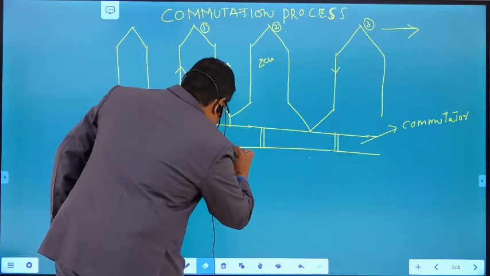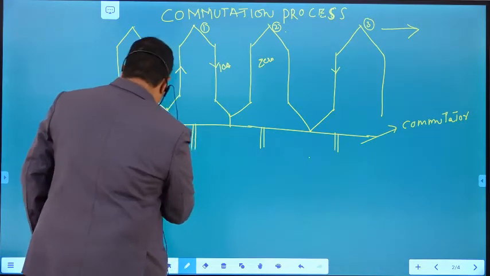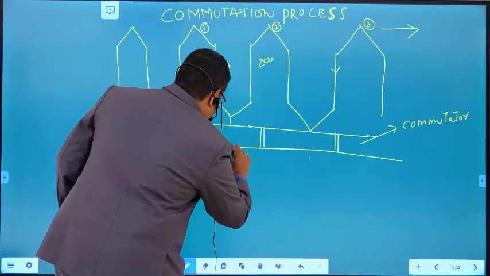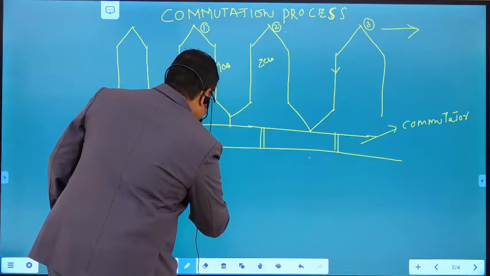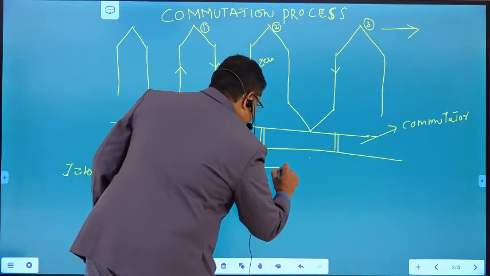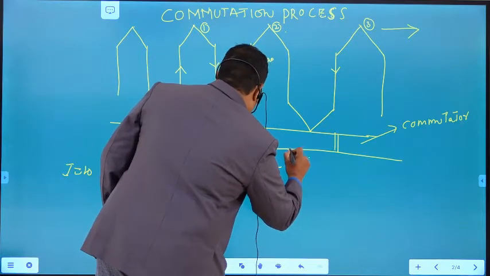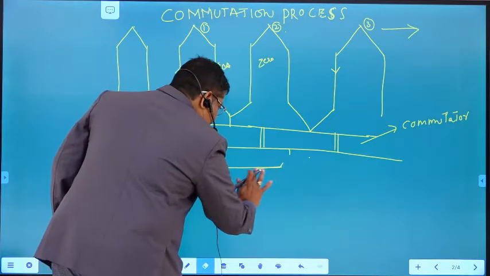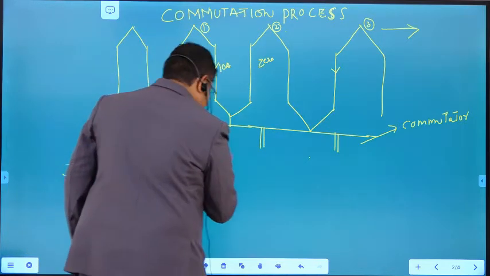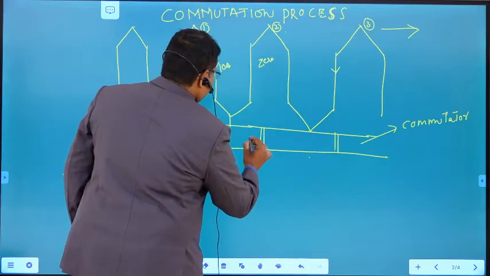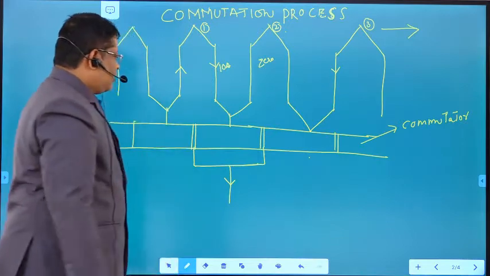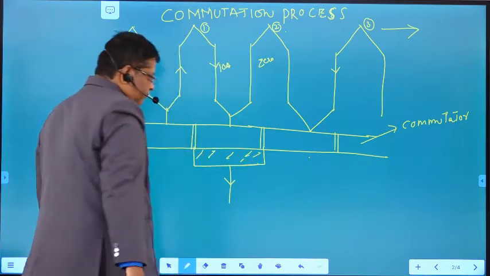In the second case, we are assuming the brush position is here.